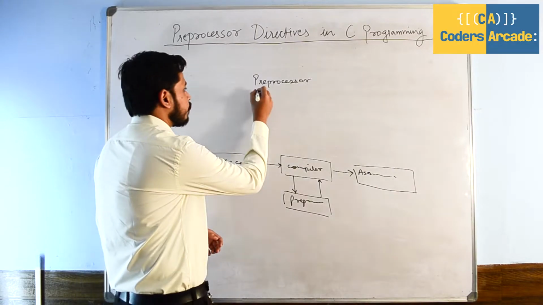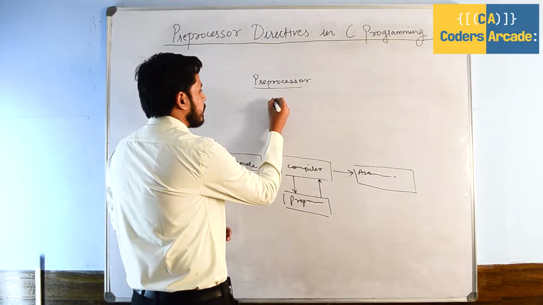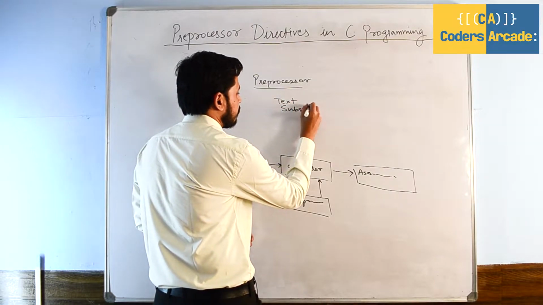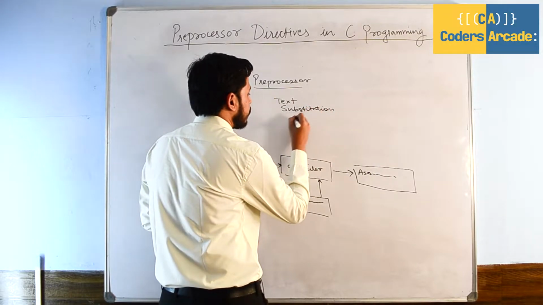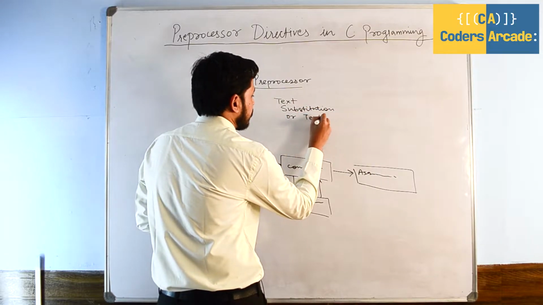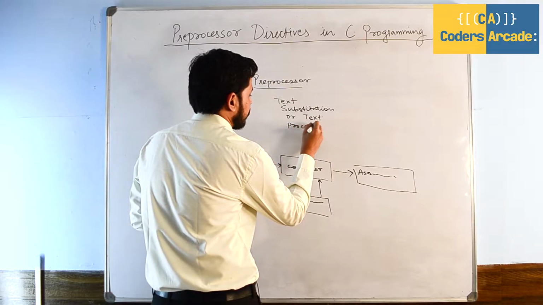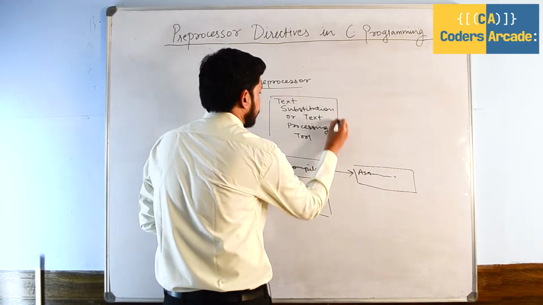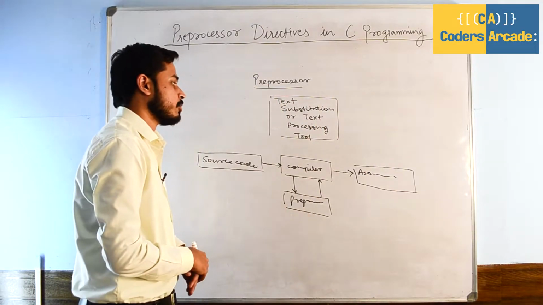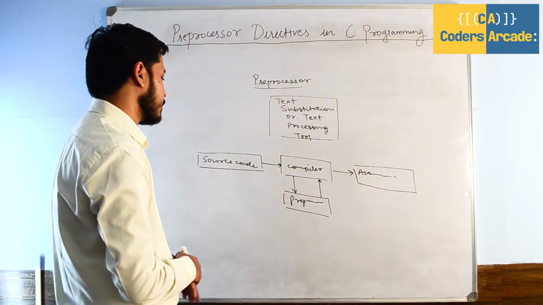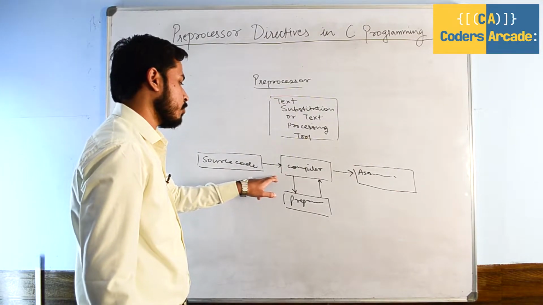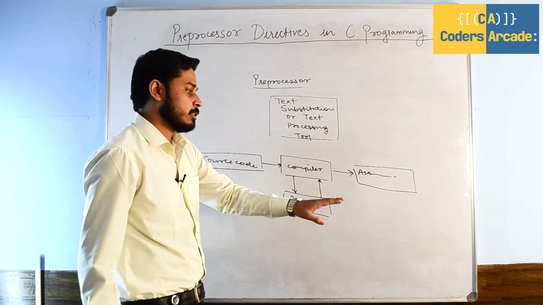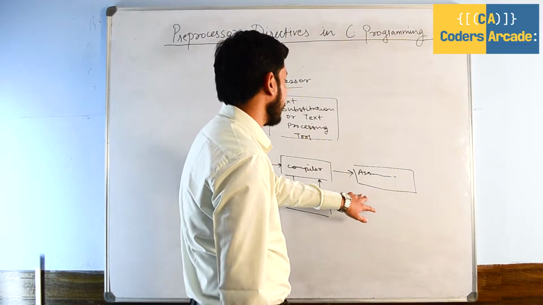In this case, you can say preprocessor is nothing but a text substitution or text processing tool, which is used to preprocess the source code before that source code is compiled by the compiler. Now after it is compiled, it is converted into the assembly level language code.